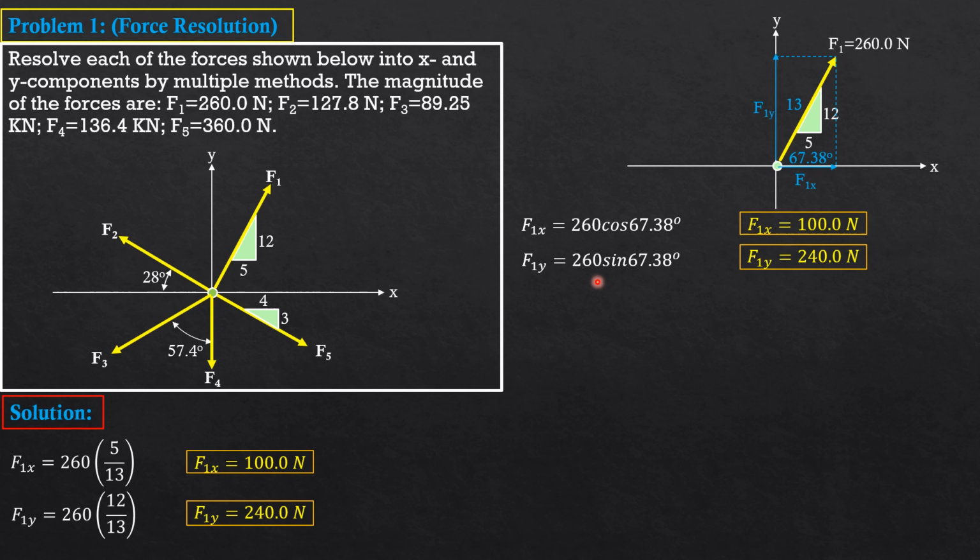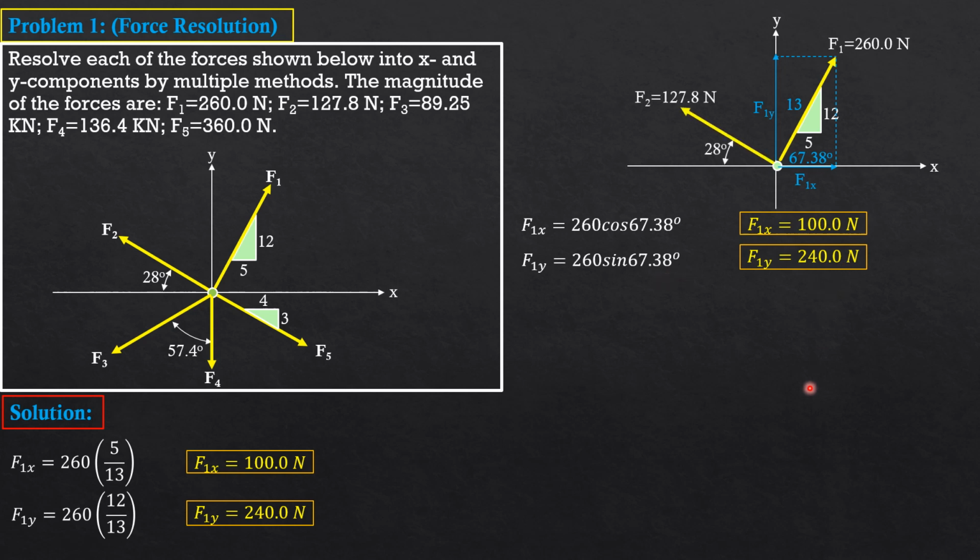F1y is 260 sine of quantity negative 292.62 degrees. It will give us the same answer. So I'll just present this. You verify using the negative angle: 260 cosine of negative 292.62 degrees will give us this result. F1y, 260 sine of negative 292.62, will give us that result.